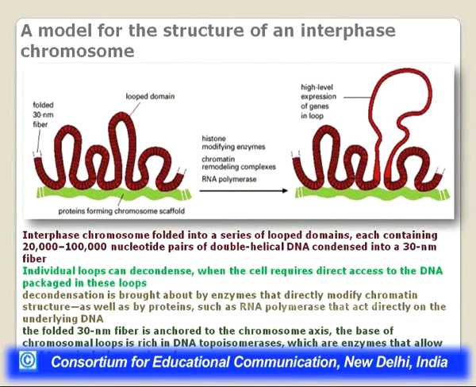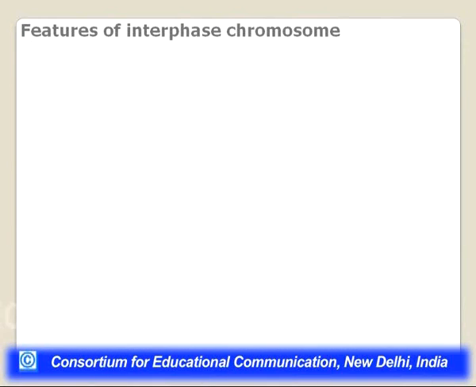So that is how the interphase chromosome is at the molecular level: the DNA double helical structure is thrown into 30 nanometer fibered loops lying in the relaxed state of the interphase stage.